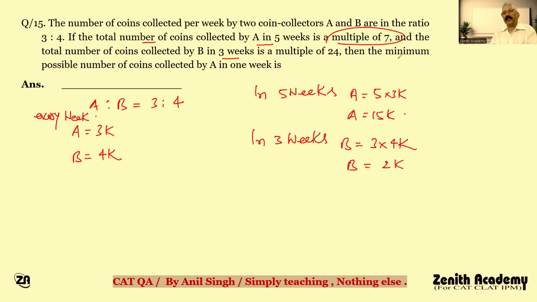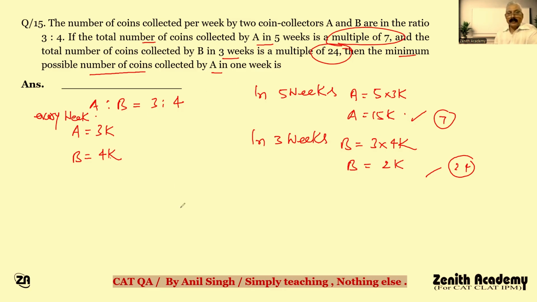Now the condition is given: the total number of coins collected by A in 5 weeks is a multiple of 7, and in 3 weeks, the coins collected by B is a multiple of 24. Then the minimum number of coins collected by A in 1 week is defined.